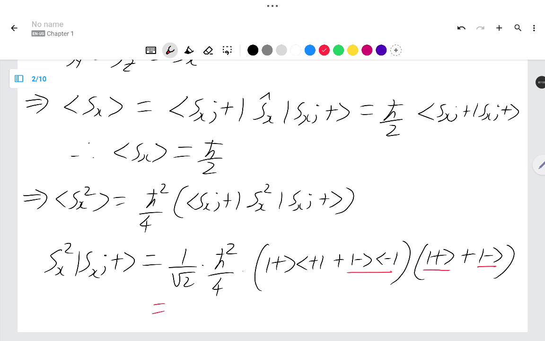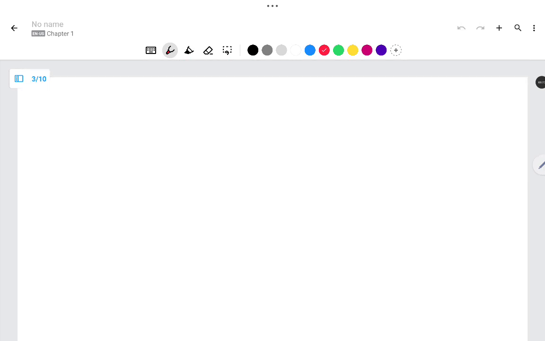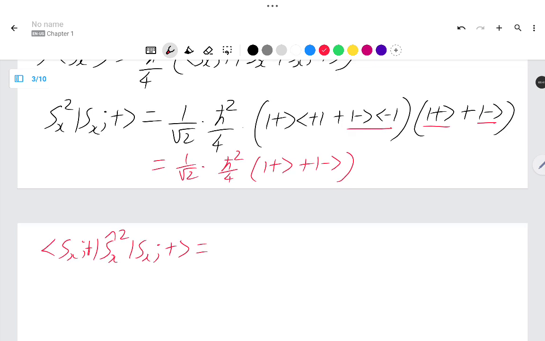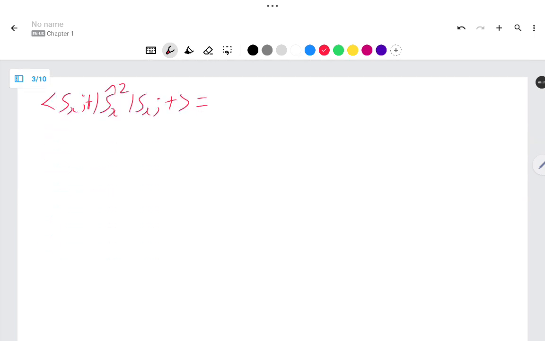So it gives me the same state, right? When I multiply this again, I have the same 1 by square root of 2 multiplied again and the same states.